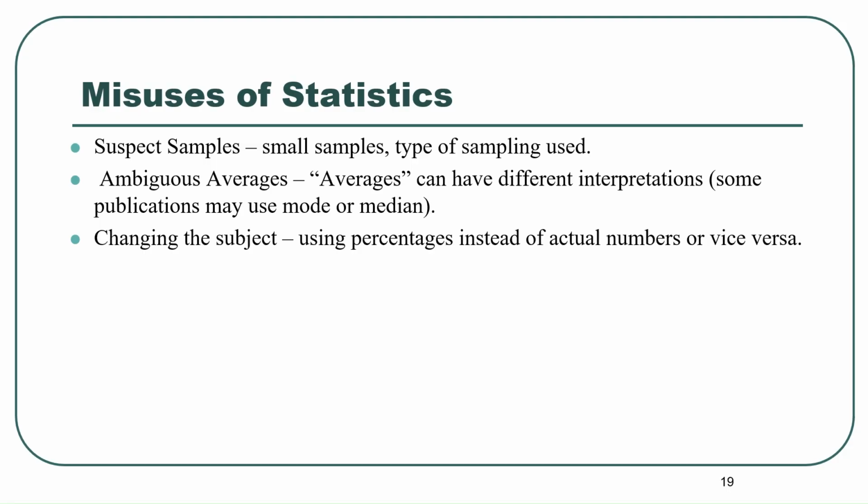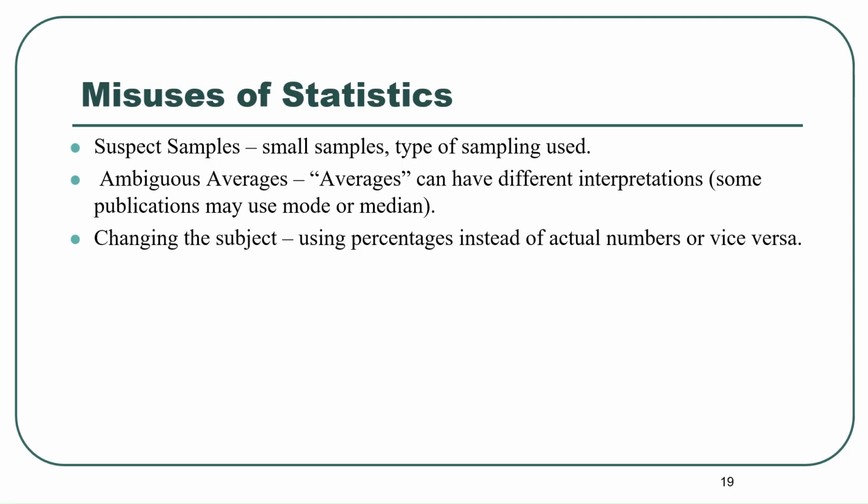Let me give you another example here. If you hear someone saying, well, the expenditures increased just 3% during my administration, some politician is saying that, and that 3%, if you looked at the real number, could be a number like 60,000 or something.